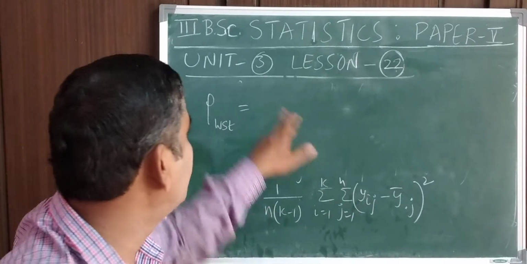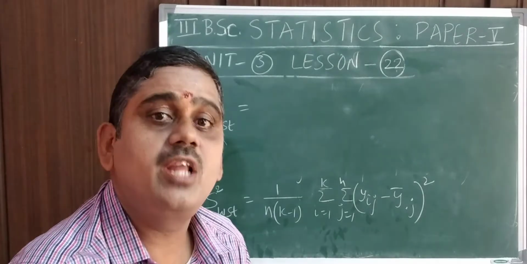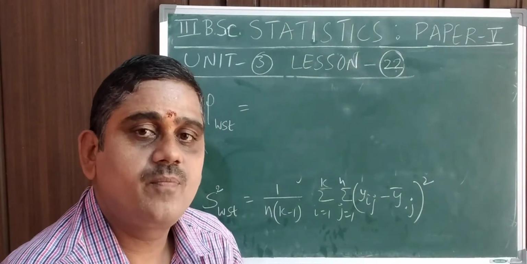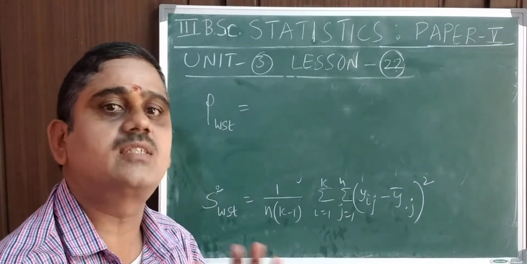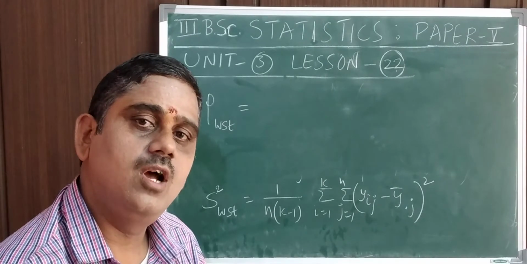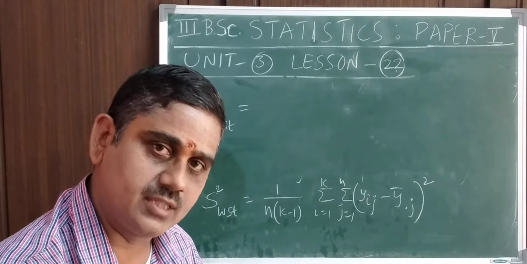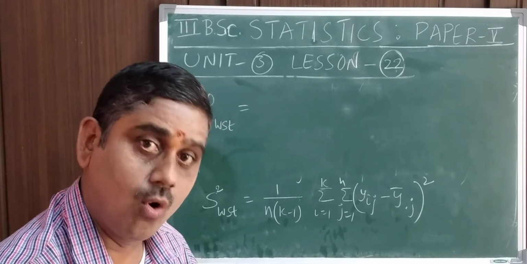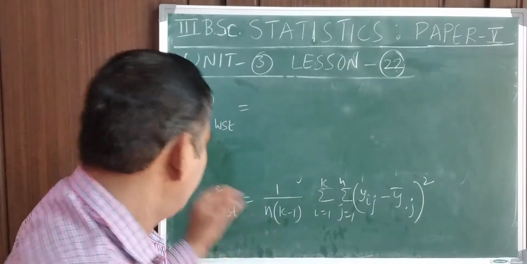We are considering this particular population correlation coefficient between the units of the population within the stratum. So it is to be considered within the stratum only. Such a calculation of the correlation coefficient is nothing but rho WST. Now this is the formula.